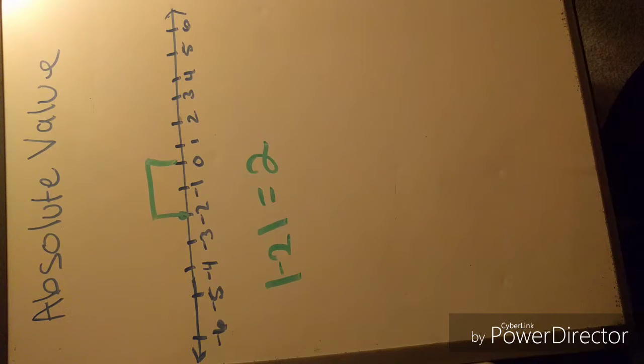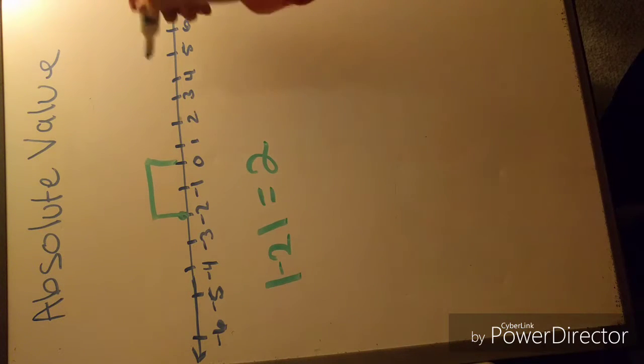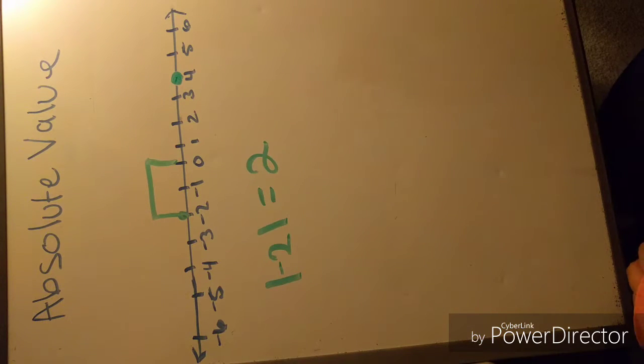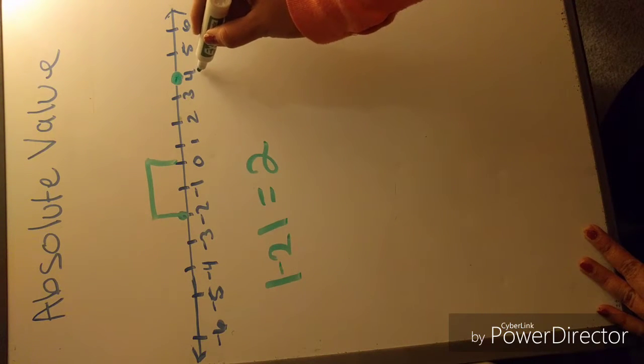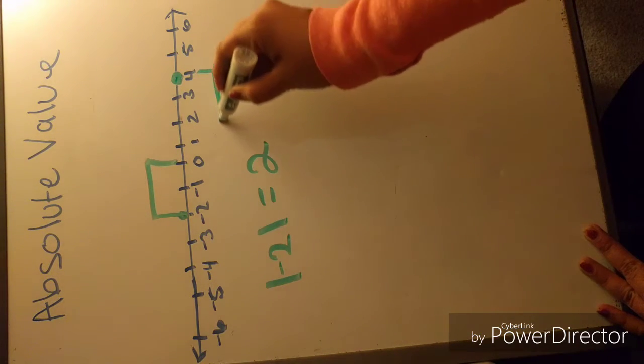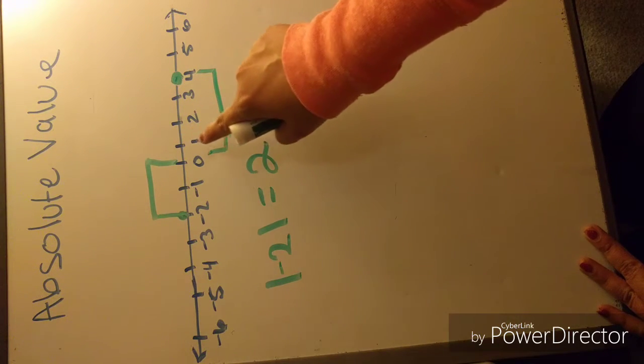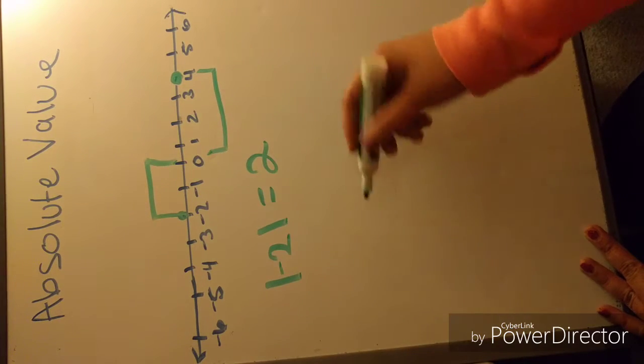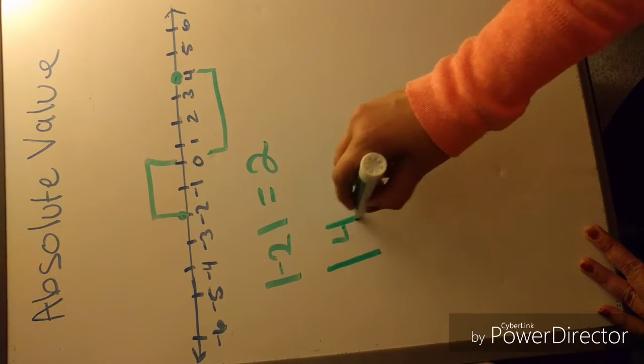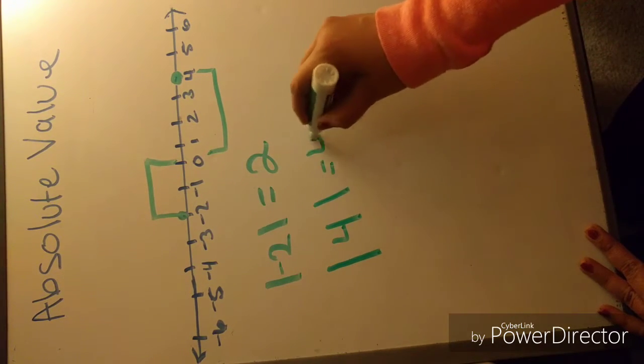Let's try +4. +4 is 1, 2, 3, 4 units away from 0. So the absolute value of 4 is equal to 4.